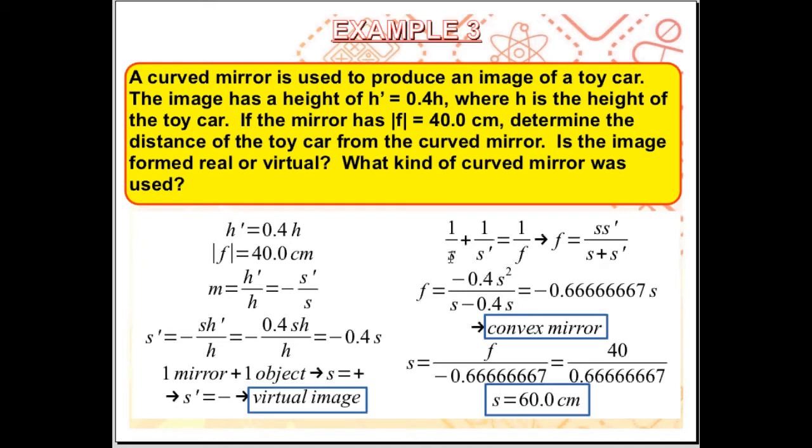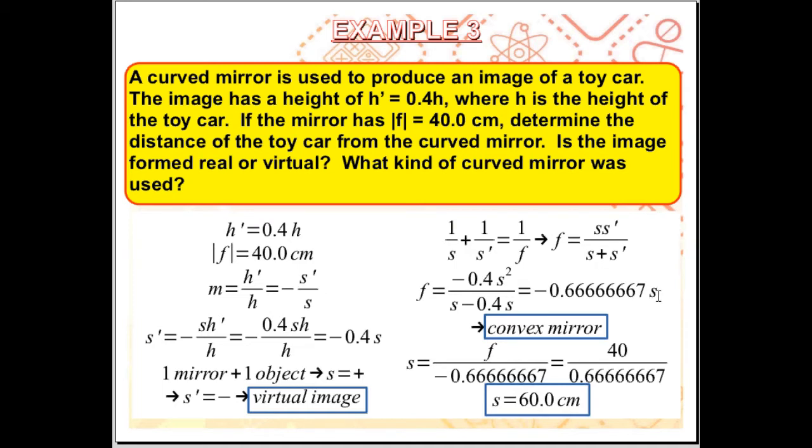Next, we use 1 over s plus 1 over s prime is equal to 1 over f. Isolating f, you have f is equal to s times s prime over s plus s prime. Using s prime equal to negative 0.4 s, we are able to get that the focal length f is negative 0.6666 and so on times s.